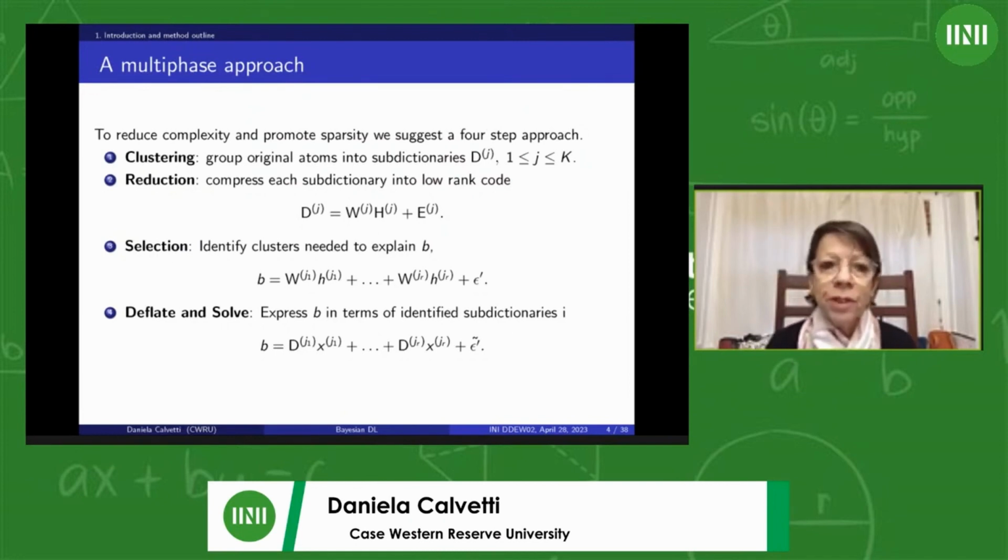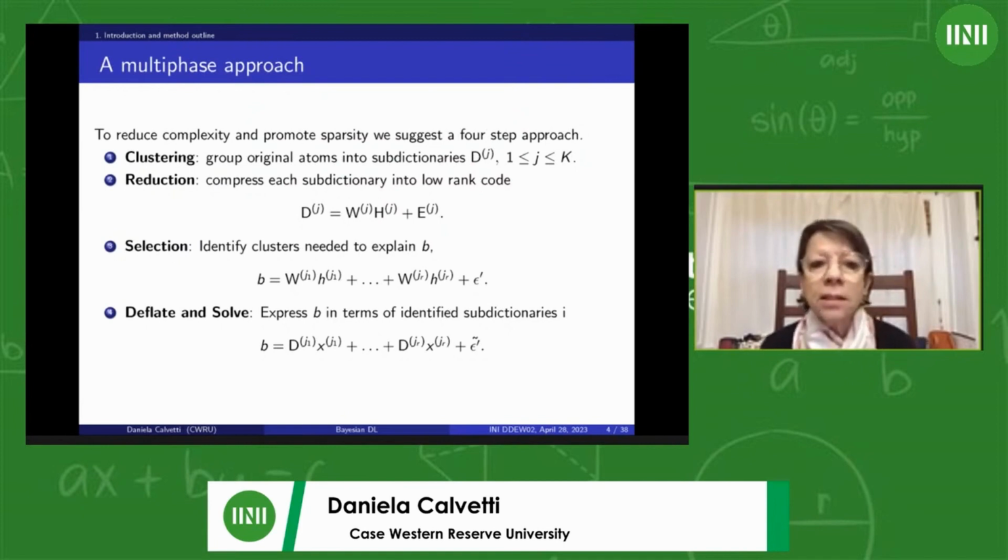The first step is that we do clustering ahead of time. In some cases, the dictionary entries are naturally clustered in groups because of the way they've been collected. In other cases, we have dictionaries which do not have a priori any reason of being partitioned into groups.